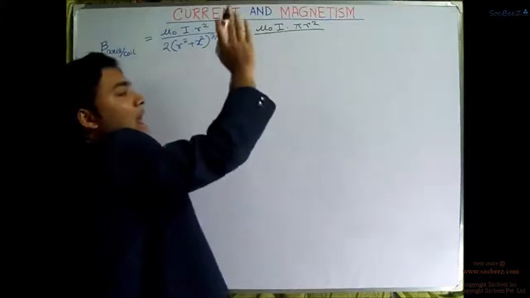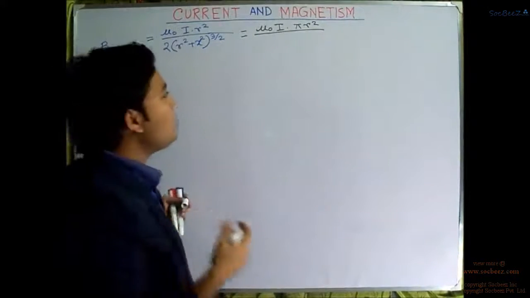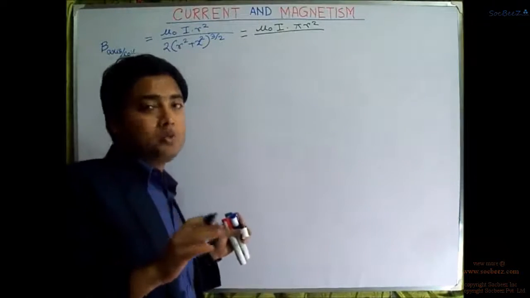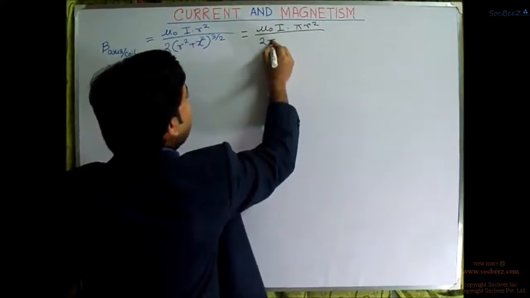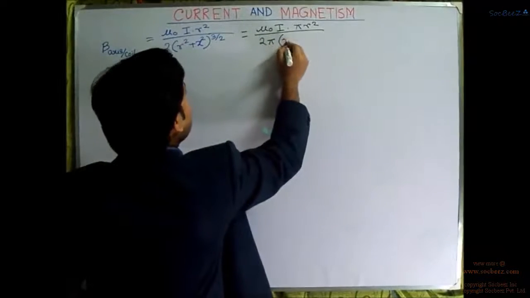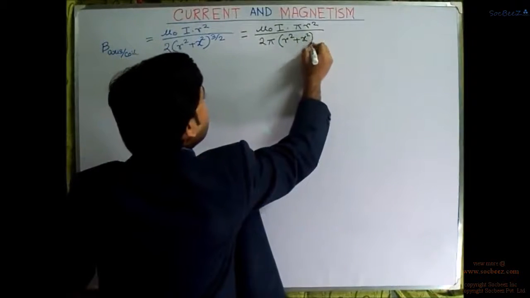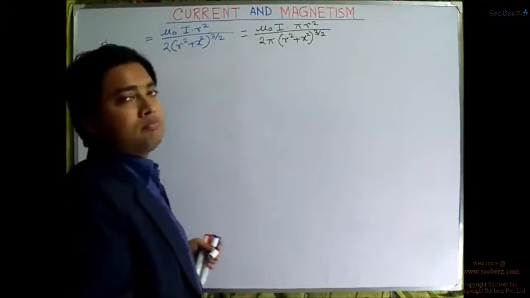We have multiplied the numerator by pi, so we must multiply the denominator by pi as well, so 2 pi, (r square plus x square) to the power 3 by 2.